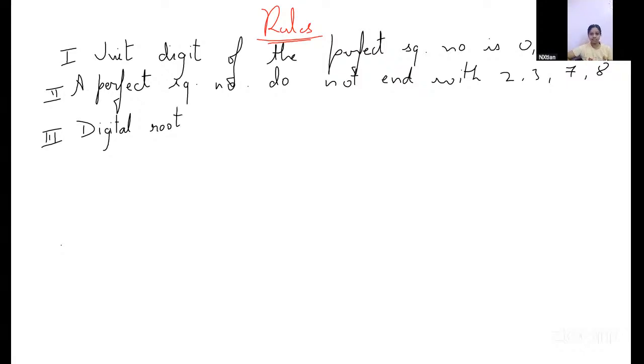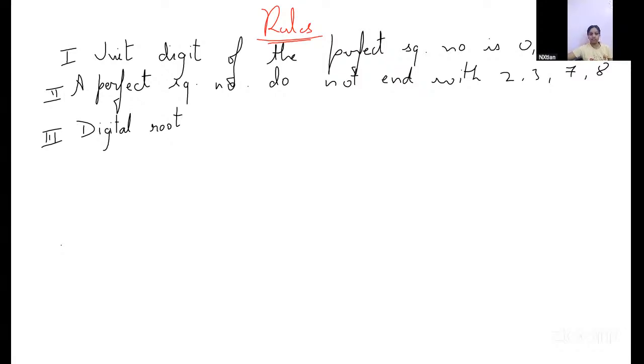Then ma'am, why do we have to write another statement, a perfect square number does not end with 2, 3, 7, and 8? We already know that if it ends with any other number. It makes sense. Another statement is just to make it more clear, like when it's written in front of you at the start, it gives a better understanding. Okay, ma'am. I have another question.